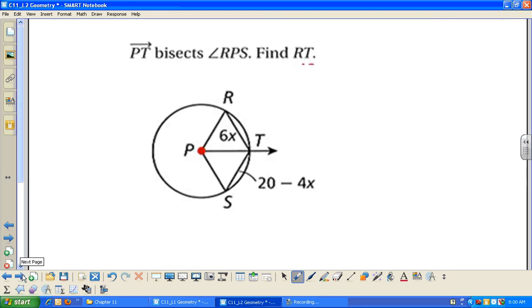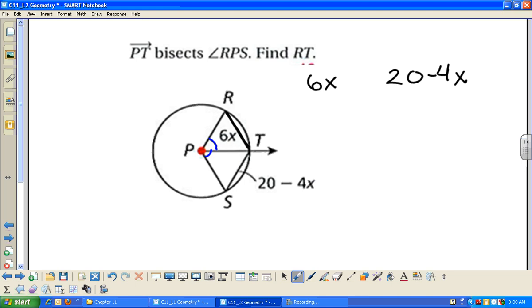I have this picture, and it says PT bisects angle RPS. First thing I have to think of is, what does bisect mean? That means it splits the angle into two congruent parts. So if PT bisects RPS, angle RPT will be congruent to TPS. I'm looking for RT, this length. I know RT is 6x and TS is 20 minus 4x.